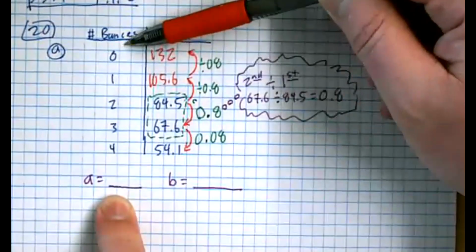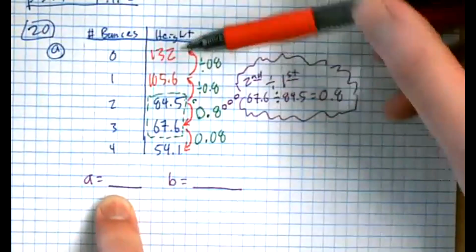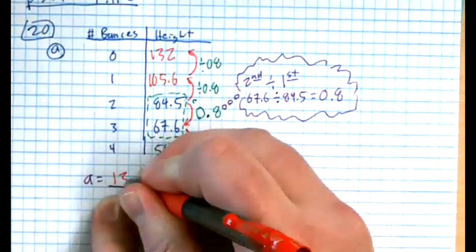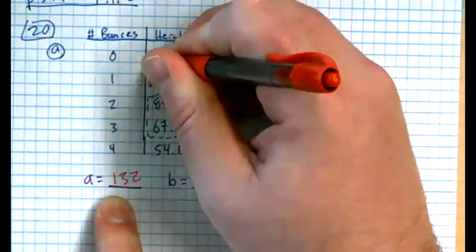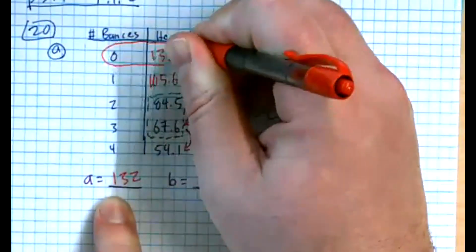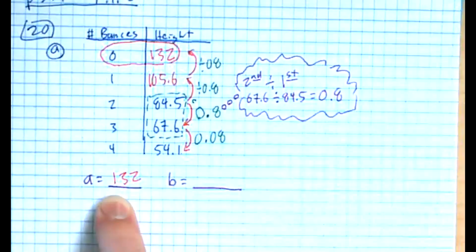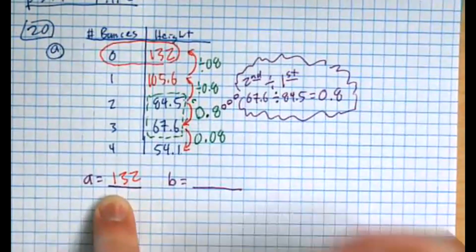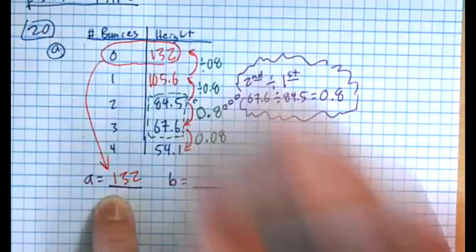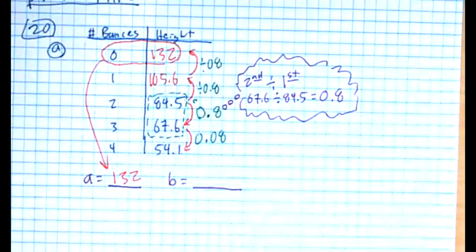Yeah, give me a number. 132 is absolutely A. That's awesome. Good for you. So you remembered from geometric sequences that the A part of the equation came from the 0th term, or you knew to relate that back to 0. That's fantastic. So that 132 got us our A value.